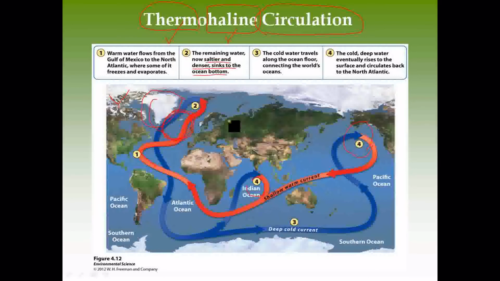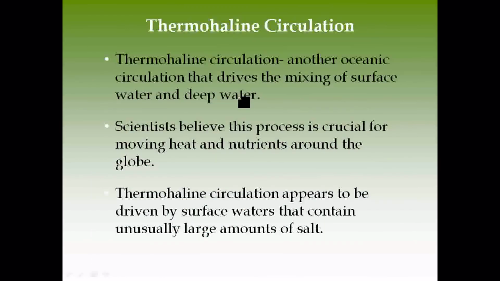Well, that could have a major effect on the whole thermohaline circulation, because the whole idea is that the water up here where number 2 is saltier and denser, sinking to the bottom. If that doesn't happen, then we don't get this return movement down here. So there's big concern that climate change and the melting of the icebergs will continue to dilute the saltiness of the water and have a real effect on the thermohaline circulation.